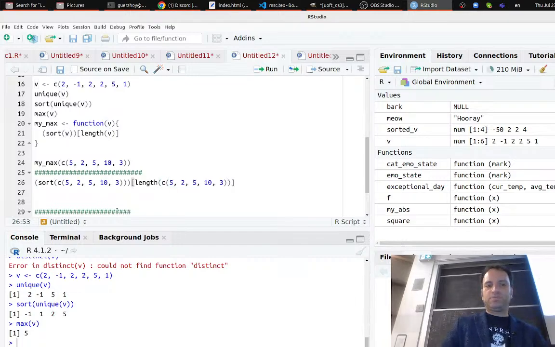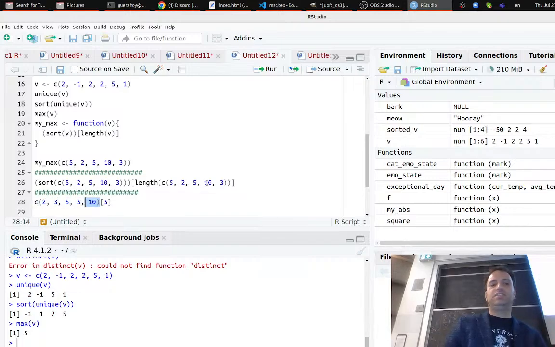Now this is the sorted version, so 2, 3, 5, 5, 10. And length of 5, 2, 5, 10, 3 is 5 because there are 5 elements. So this is a vector, and this is saying get me the 5th element of this vector. So get me the 10.